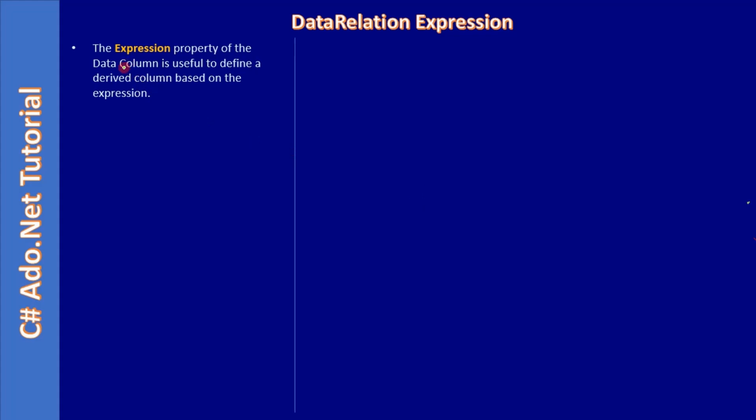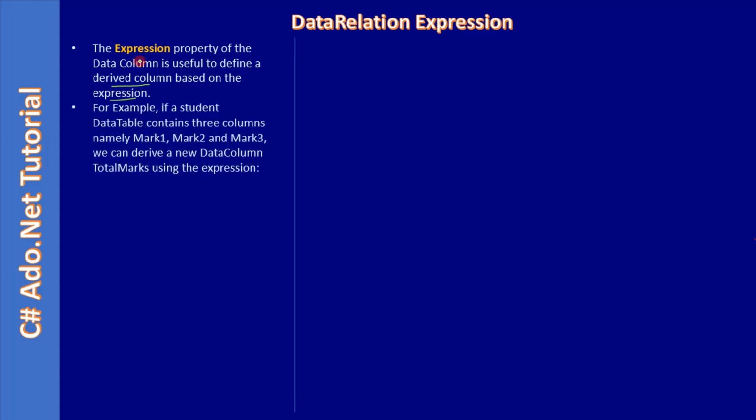The expression property of the data column is useful to define a derived column based on the expression. Right? The property is expression, and we can make use of it to derive new expression based columns.